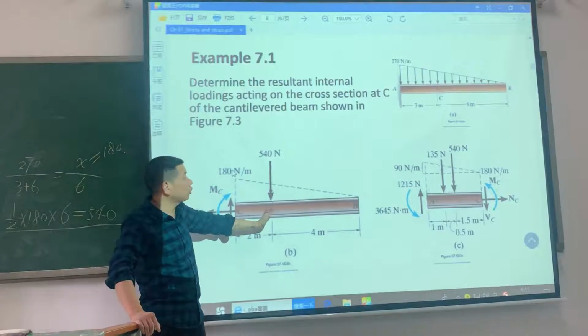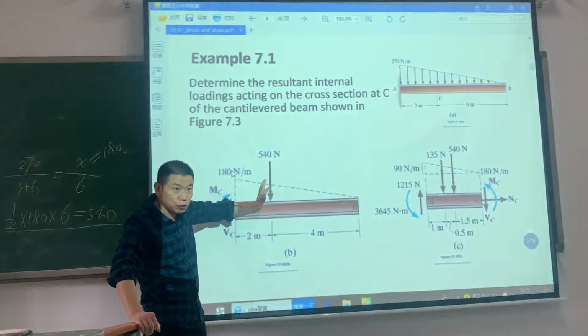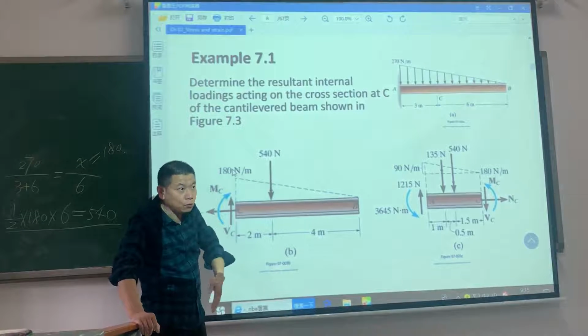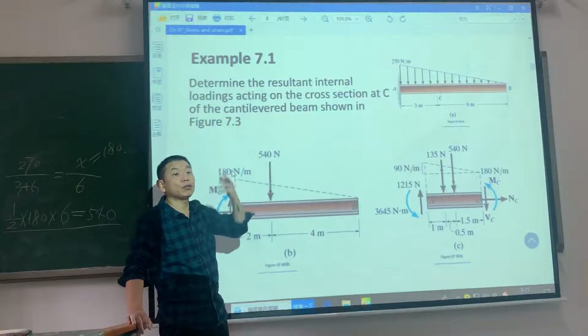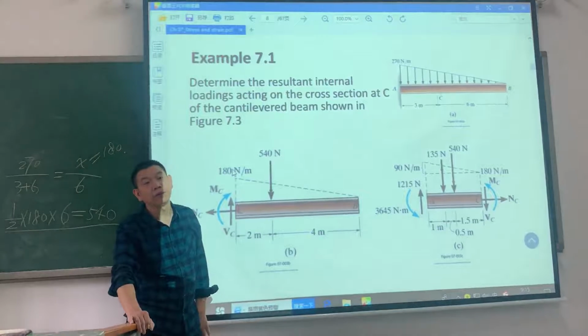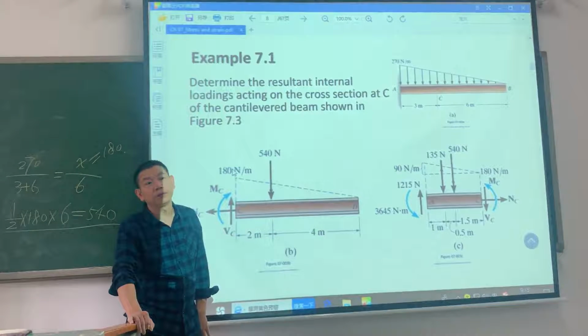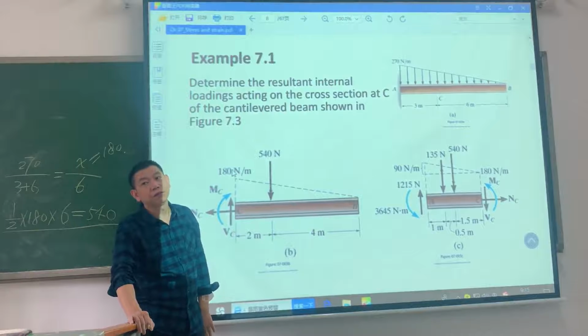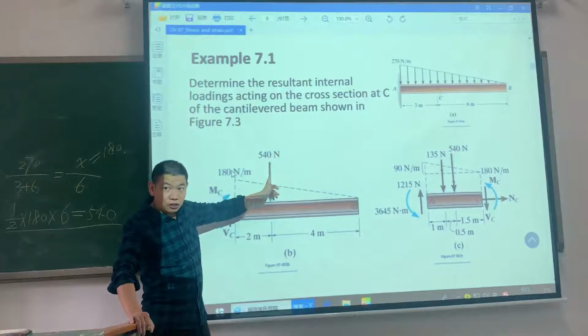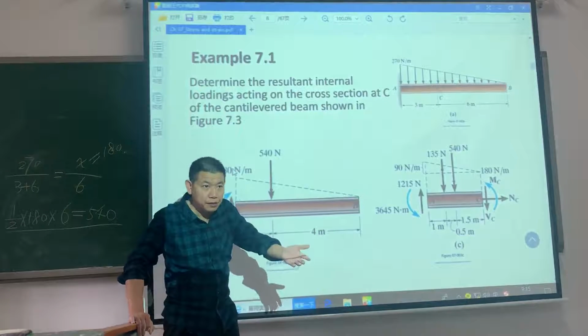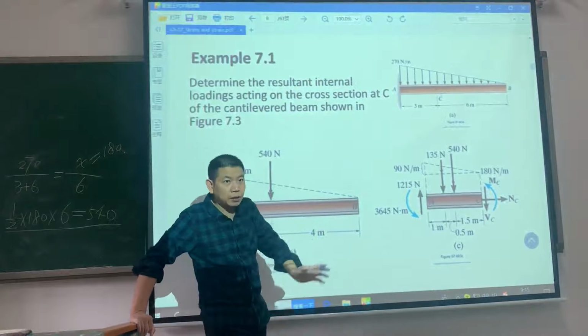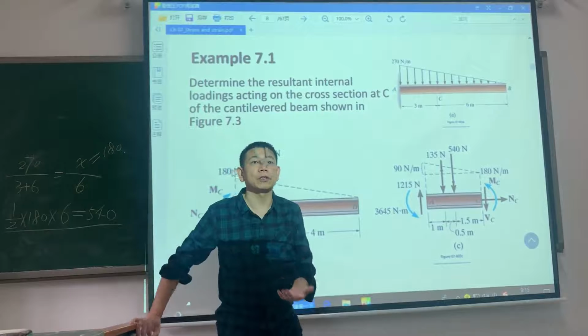The location of the force passes through the centroid of the triangle. Understand? The concentrated force can replace the triangle distributed force.